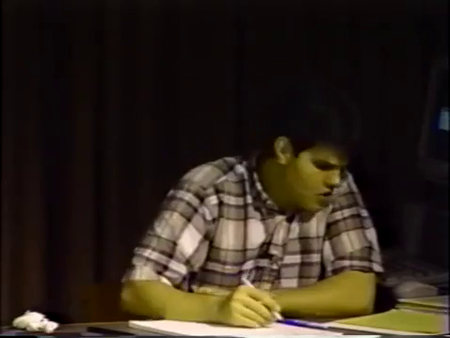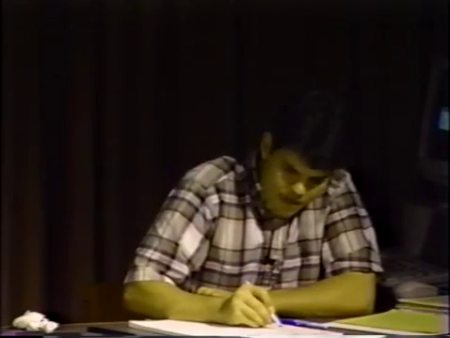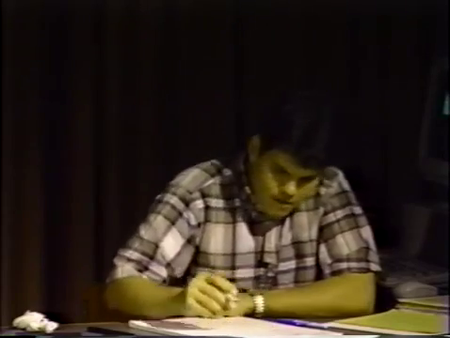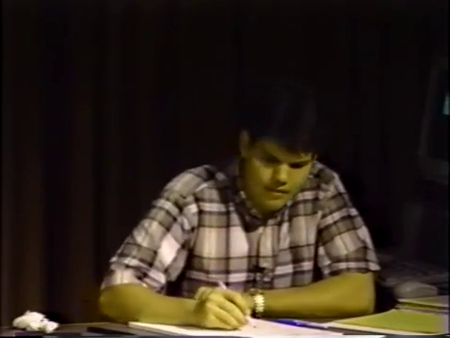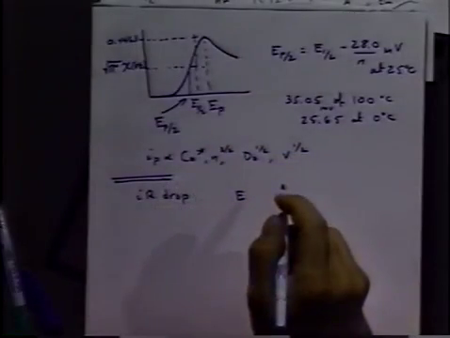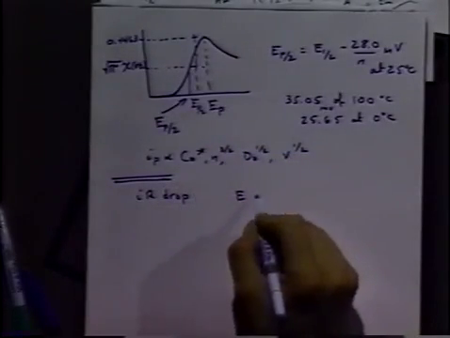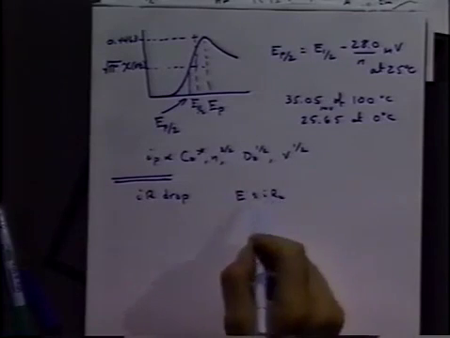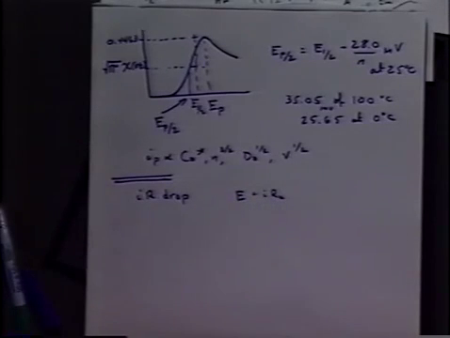And so if you don't go slow, you can have a kinetic effect. Also, you can have an important bad effect, which is called an IR drop. And we've talked about IR drop before. Remember, IR drop is a potential that develops that's associated with the flow of current through the solution resistance.